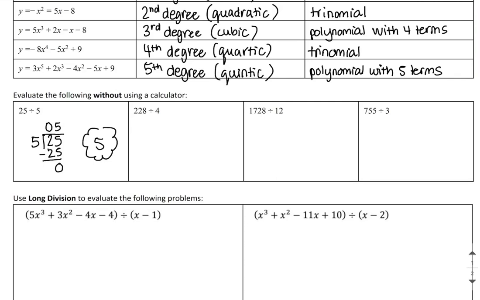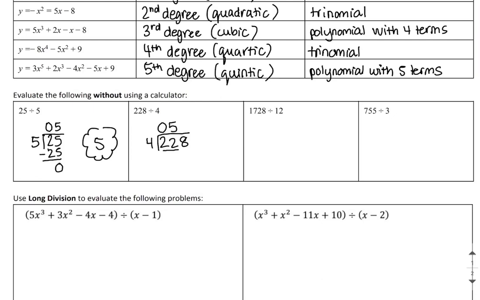If I divide 228 divided by 4, I'm putting 228 inside of my long division bar. And then on the outside, I'm putting 4. I'm asking myself, how many times does 4 go into 2? And I know that it doesn't fit into 2, so I put 0 on top of that 2. Then I ask myself, well, then how many times does 4 go into 22? And 4 goes into 22 5 times, so I put a 5 on top.